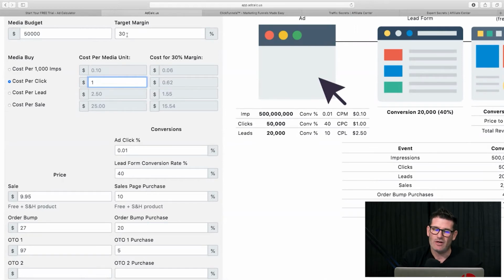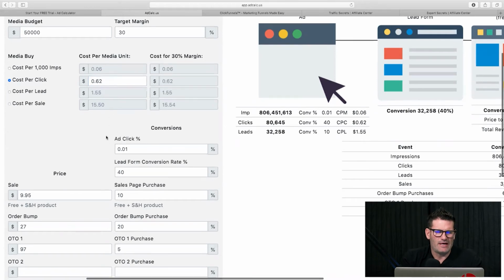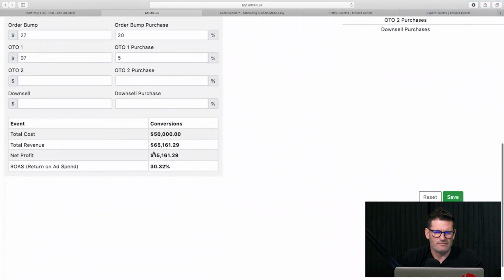So the question is, where am I buying this media? The dollar. If it's on Facebook, well then I'm going to take my bid and bring it down to 62 cents. So I would come over here and take 62 cents right here. And now let's look at what that did for us.